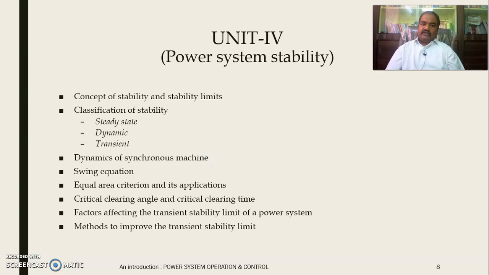And in unit number 4, I'll try to introduce you to the basic concepts of stability, the classification of stability, and particularly we will be concentrating on the transient stability and the swing equation, trying to understand the dynamics of the machines, the swing equation, the critical clearing angle and critical clearing time, two important terms in power system stability, and the factors which do affect this transient stability and also steady state stability, and the methods to improve the stability limits.